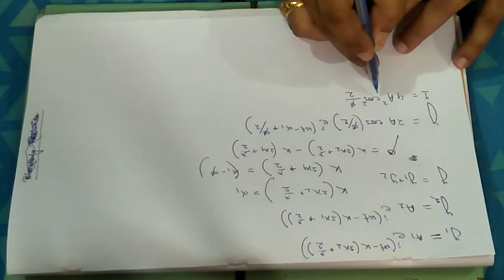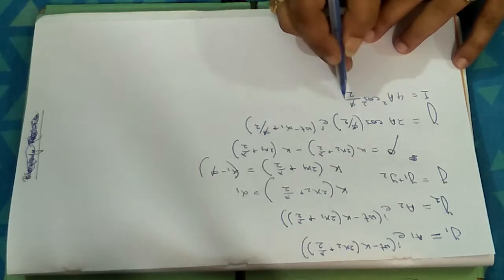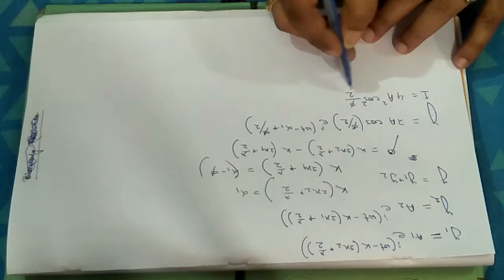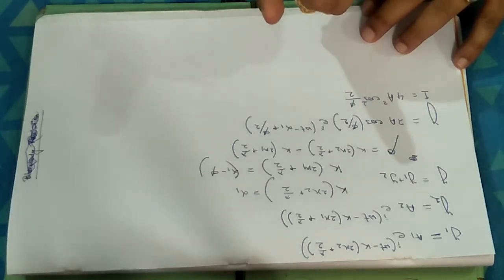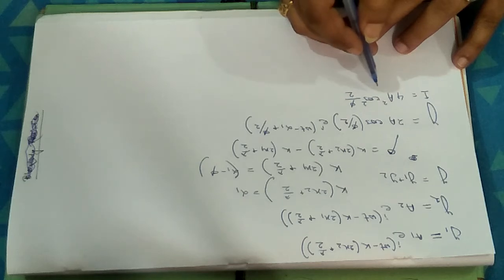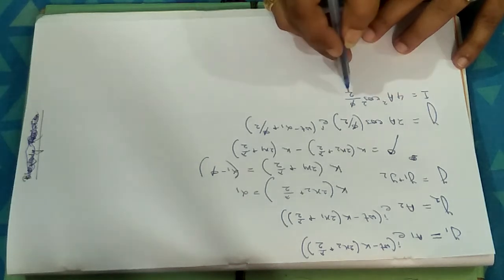How to get the conditions for maxima and minima? For a maximum, cos²(φ/2) should get its maximum value. What is the maximum value of cos²(φ/2)? That is 1. For the minimum, cos²(φ/2) should be 0.